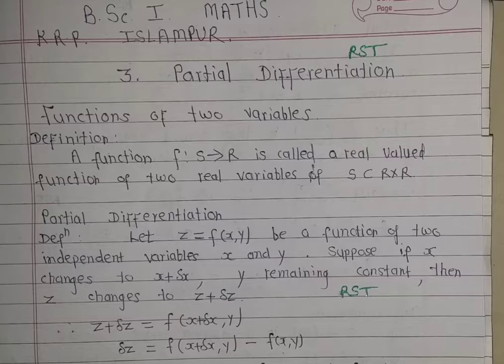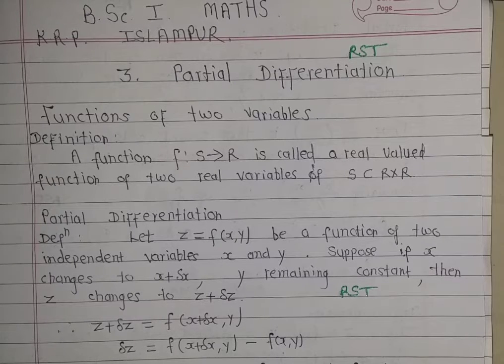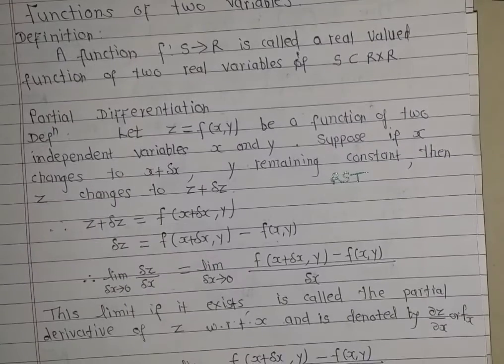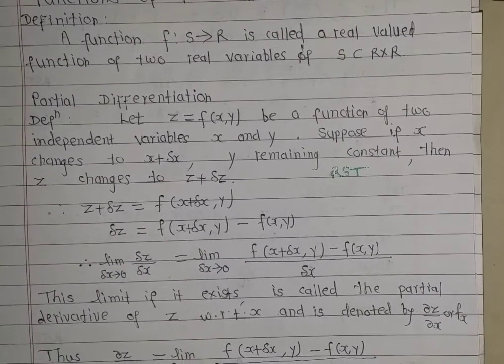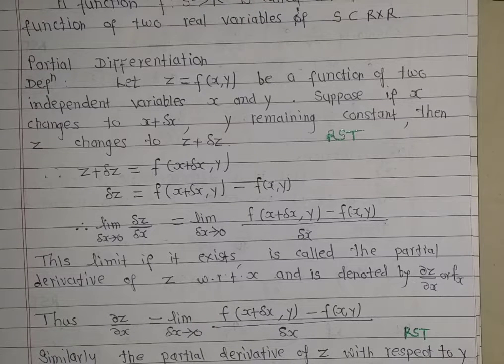Similarly, the partial derivative of z with respect to y is defined as delta z by delta y equal to the limit as delta y tends to 0 of f of x comma y plus delta y minus f of x y upon delta y.